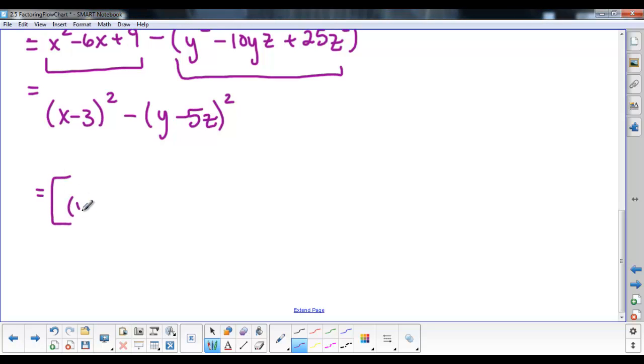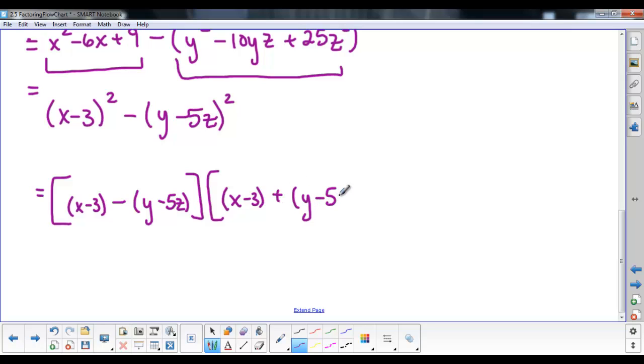So we have x minus 3, the square root of the first term, take away the square root of the second term. Brackets here are so important because we need to distribute that negative, and we would forget to do so unless we had these little round brackets. The second bracket gets the x minus 3 and then plus y minus 5z. And then we just expand and simplify.